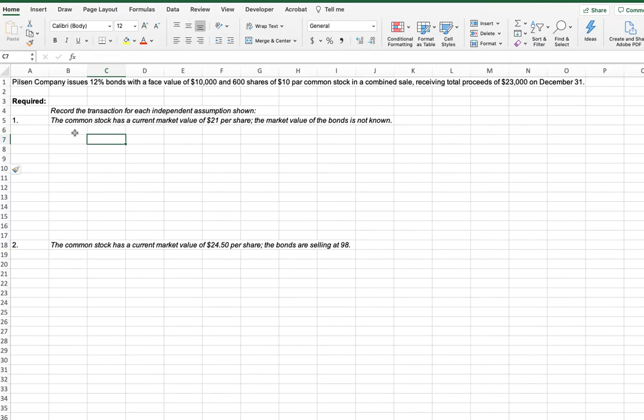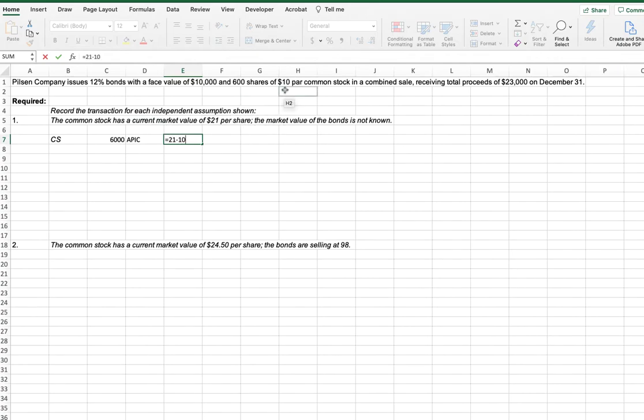We know that we have 600 shares and they have a $10 par, so we're going to have a $6,000 common stock. And we know we're going to have additional paid in capital of the difference of the 21 to the 10.